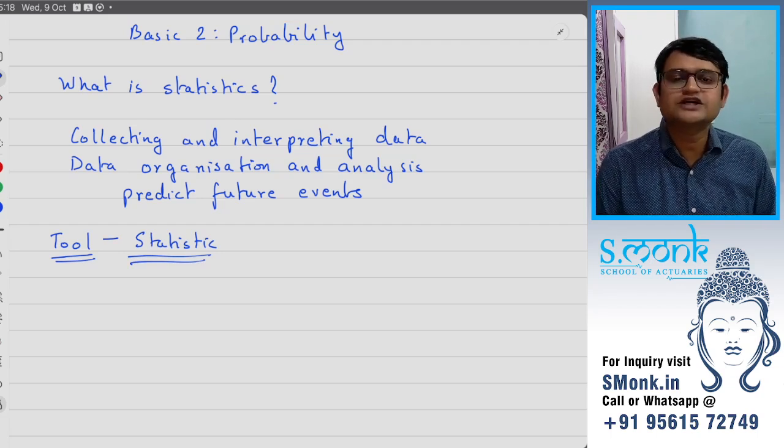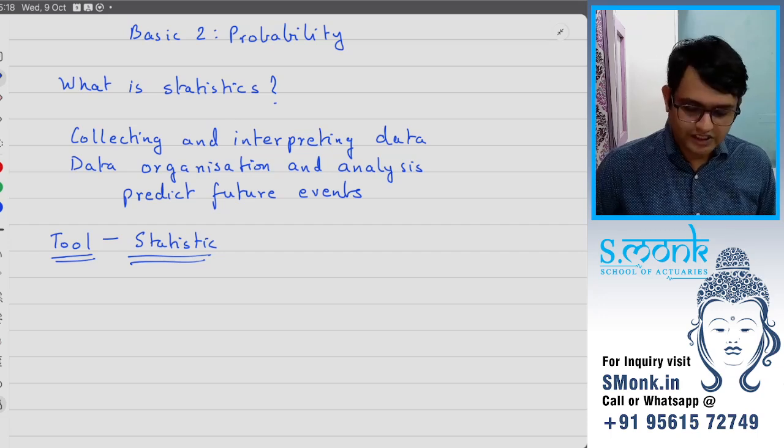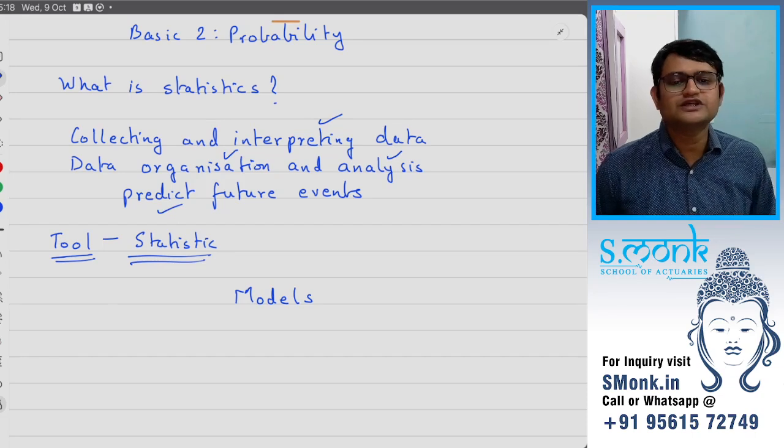So you are constructing something called models out of statistics. So what we do is we construct models that can be used for, we'll not be collecting data with the models, but let's say interpreting, organizing, analyzing and predicting the future. These are the different stuff you can do with a model.